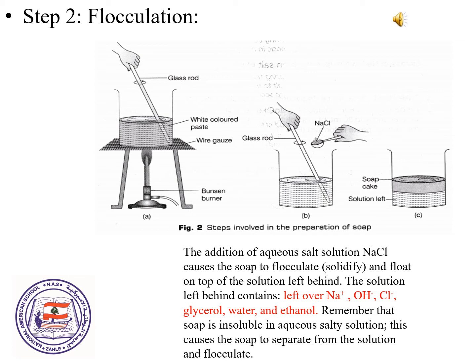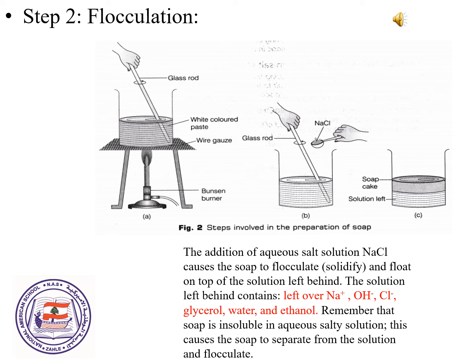So ladies and gentlemen, in order to flocculate or solidify the aqueous soap that we have in solution, we need to add a very substantial amount of sodium chloride solution, which causes the equilibrium to shift from the right towards the left, towards the production of the solid soap. Remember, the solid soap is RCOO-Na+.